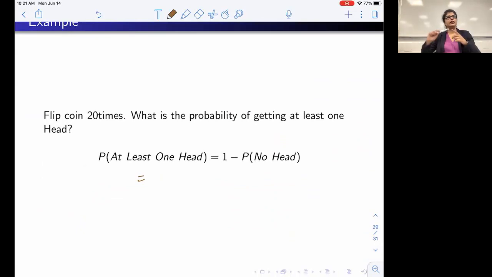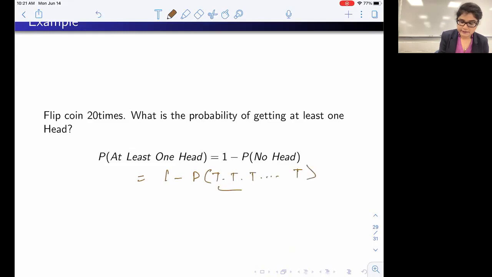Tail, tail, tail, and so on. So it is 1 minus the probability of finding tail and tail and tail and so on, 20 times.